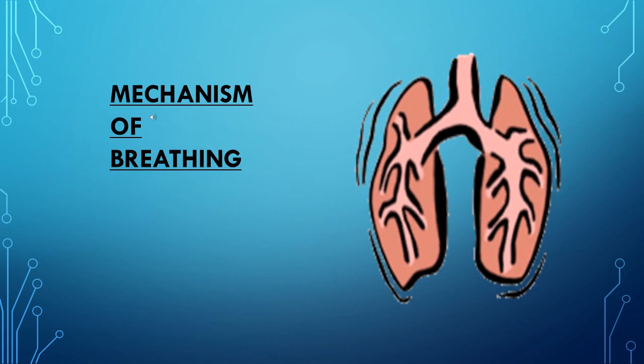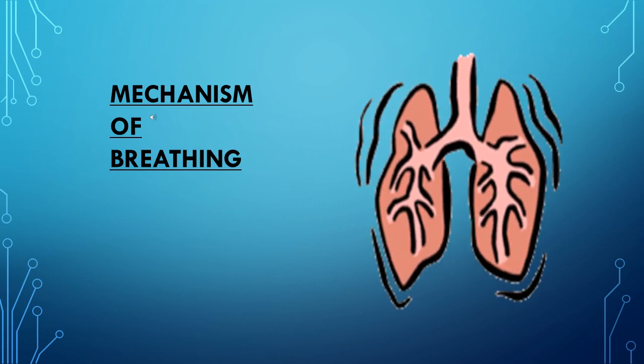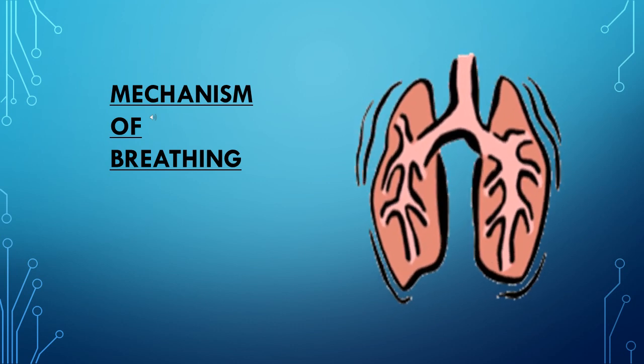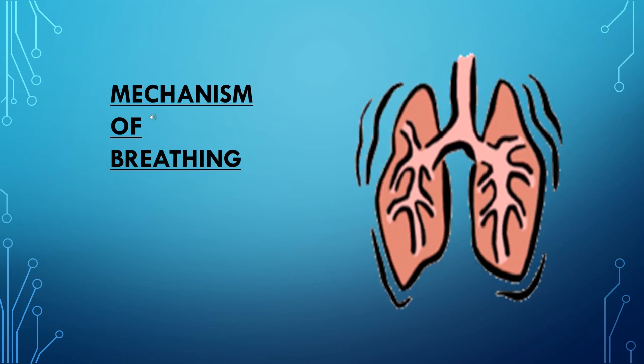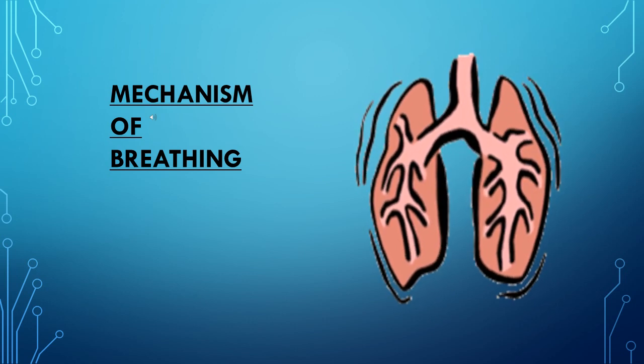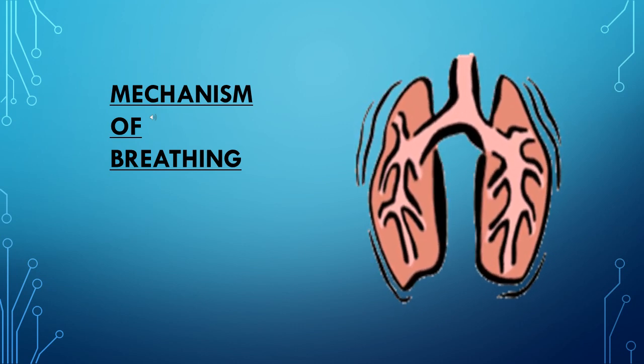Now let's see how air from outside is sucked into our lungs during inhalation and how air from our lungs is pushed out during exhalation. The process of breathing takes place in our lungs. Our two lungs hang in an airtight space called the chest cavity.